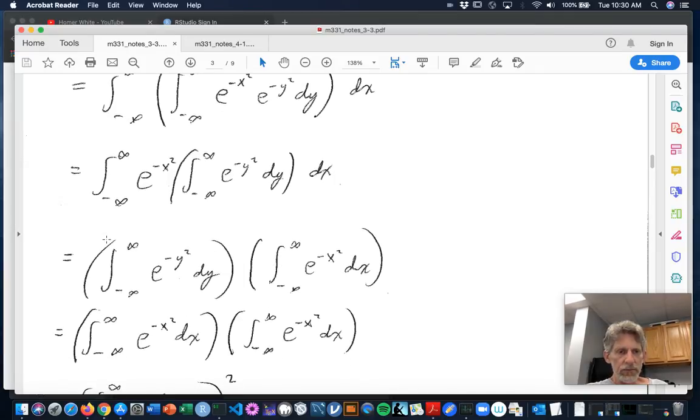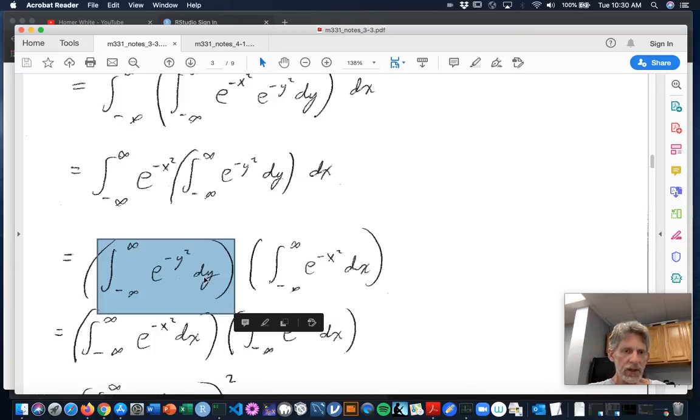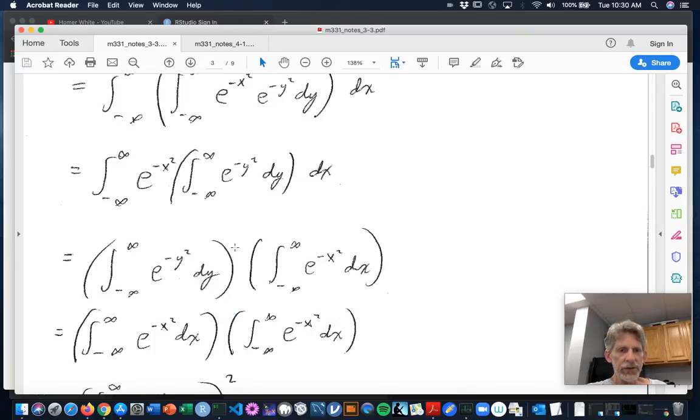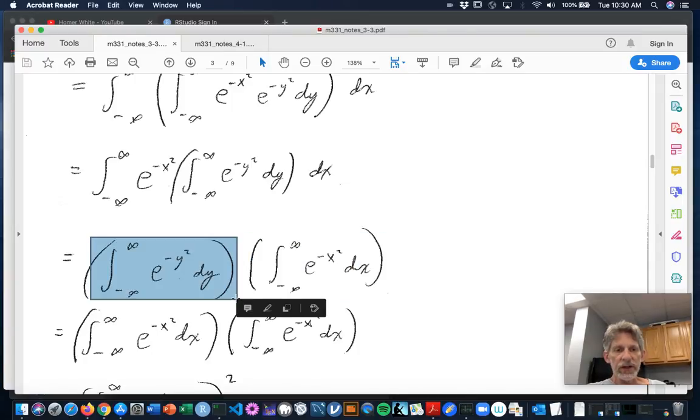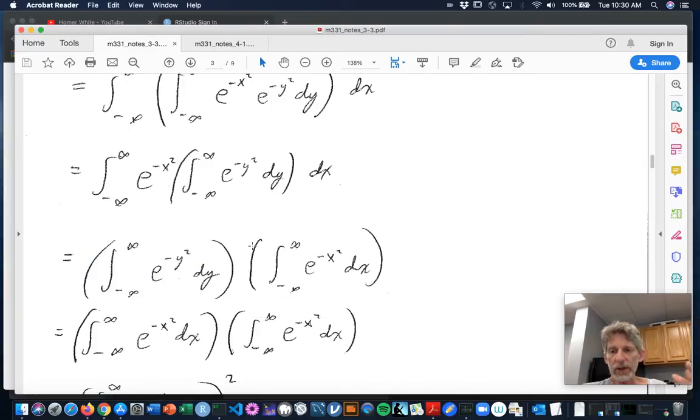Now, this here, when I look at it, it differs from this here only in having a different dummy variable. They really represent the same area. They're both the area under the y equals e to the negative x squared curve and above the x-axis.